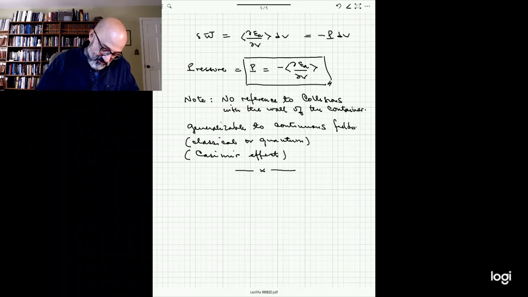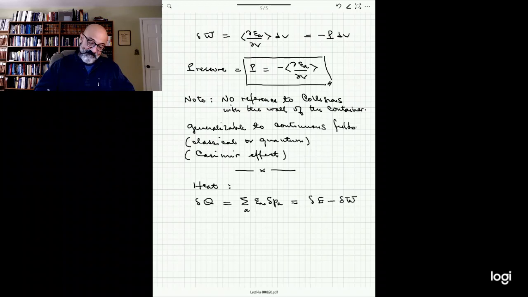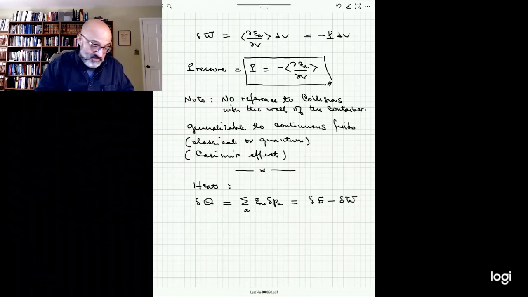The delta Q, we can write as the sum of E_A times the change in probability, and this is just the change in the energy minus the work. And for that, we can actually go ahead and try to write it out.